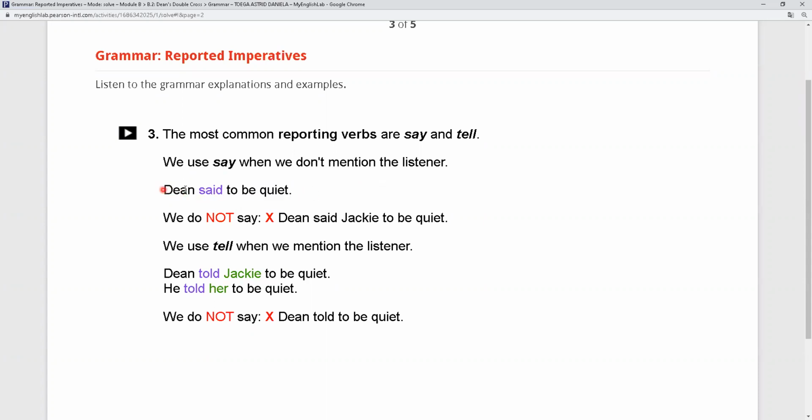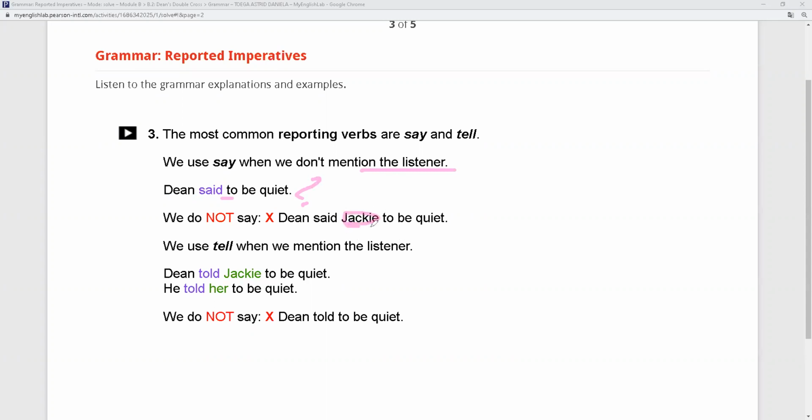So Dean is the person that said, be quiet, okay? Dean said, right, to be quiet. So as you can see, I don't have any listener, right? Said to whom? I don't have.